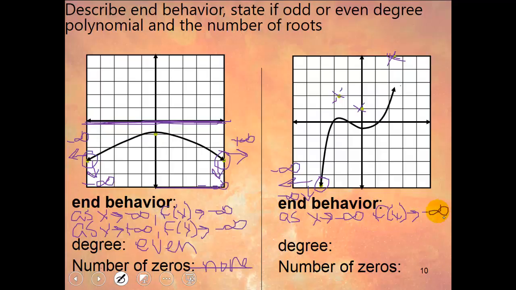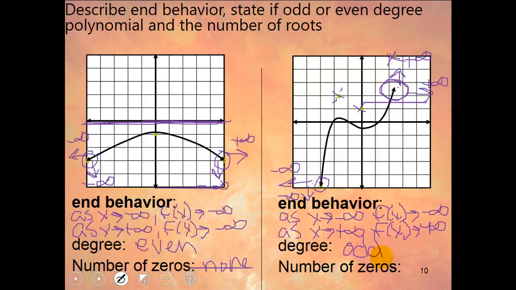And then for the other arrow, look here. This is going to the right, that's positive infinity, and it's going up, that's positive infinity. So as x goes to positive infinity, f of x goes to positive infinity, okay? My arrows are pointing in opposite directions, so my degree is an odd degree. Okay, I don't know exactly what it is, but I know it's odd.